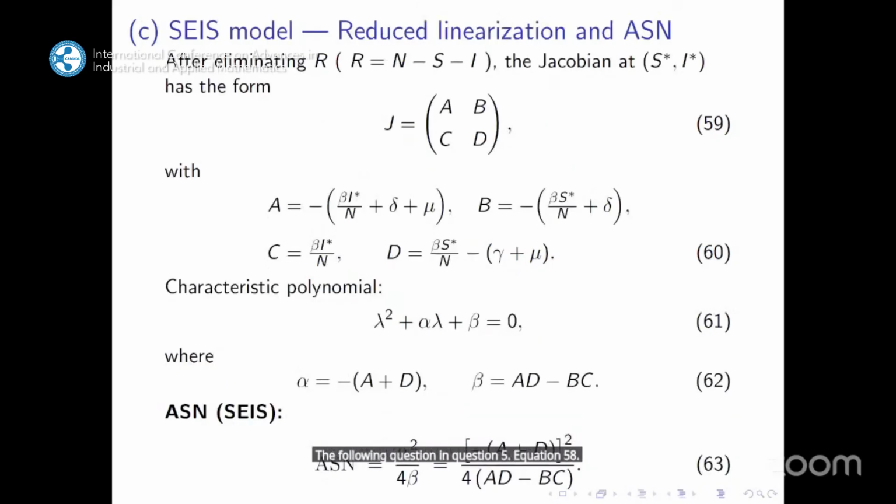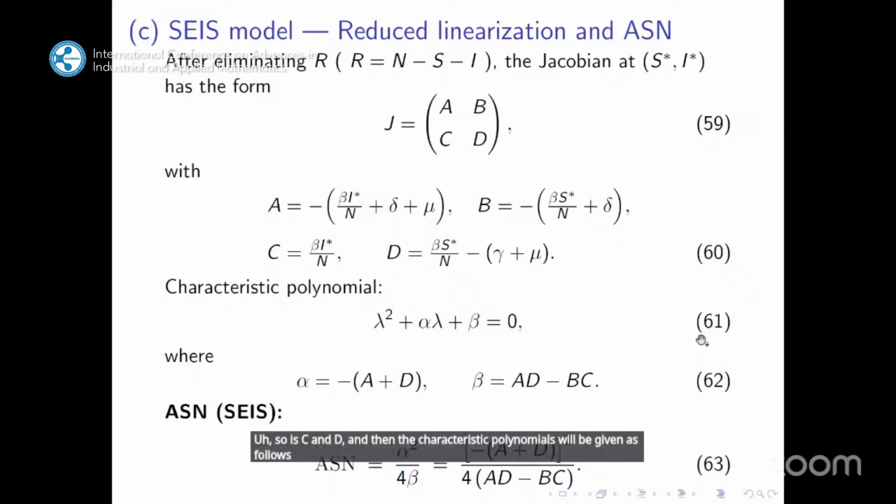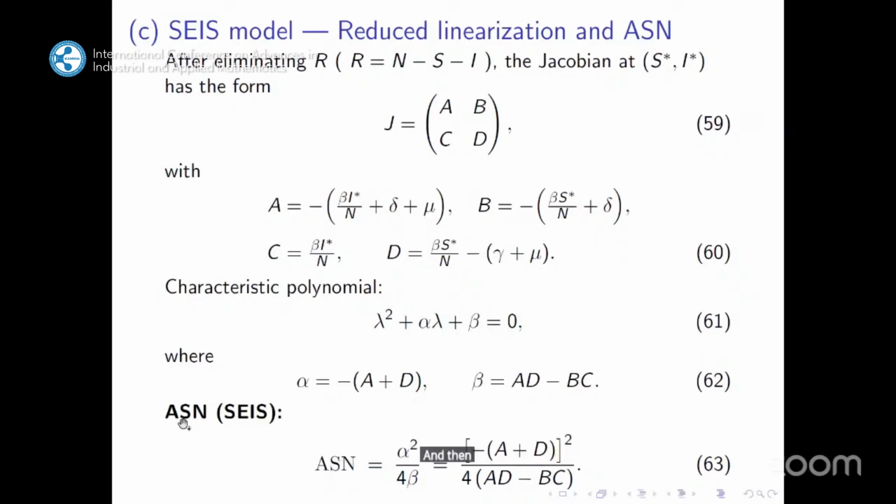In equation 58. All right, and then if you have a SEIS, this is also a bit similar, but you'll have a Jacobian of this form, with A given as this, B given as this one, and so are C and D, and then the characteristic polynomial will be given as follows, equation number 61, and then the Atangana strength number also follows in this form.